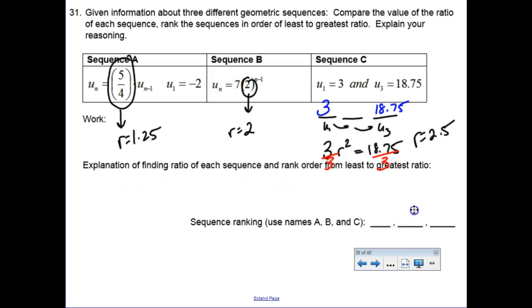So you're going to explain to me how you found each ratio, and then you're going to rank them. The smallest ratio we saw was from sequence A, the next one was sequence B, and then finally sequence C. So these explanation questions, you guys are very, very good at explaining things. The more math terms you can use, the better, the more impressive that is.